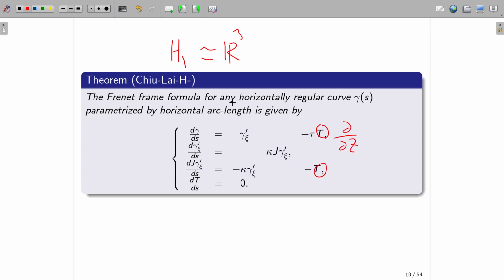They have totally different geometry in the Heisenberg group and in R3. And because the T direction always points upward, it does not change with the parameter s, so its derivative is always 0.